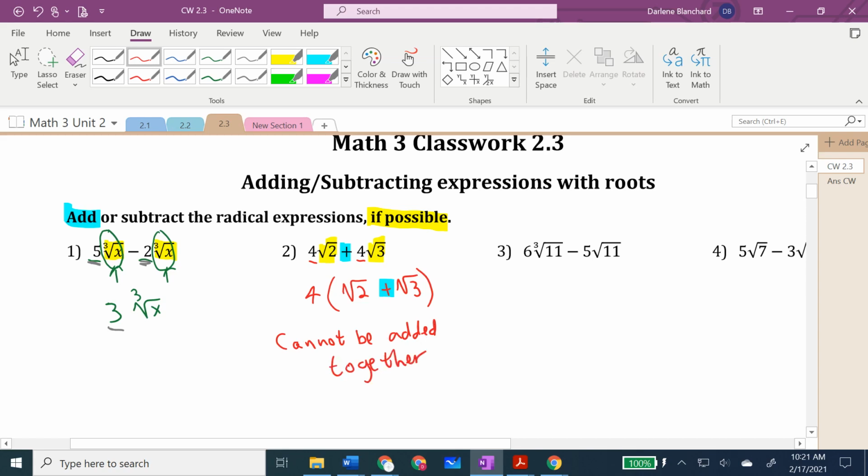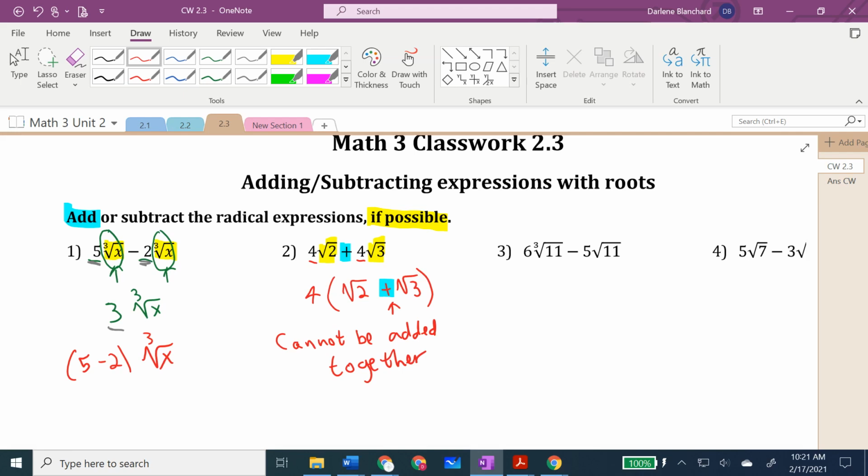The only thing you could possibly do is factor the common 4, but you can't actually do this addition. Like over here, we were able to do the subtraction of the 5 minus 2 when we factored out what was in common, but roots cannot be added together unless they are identical.